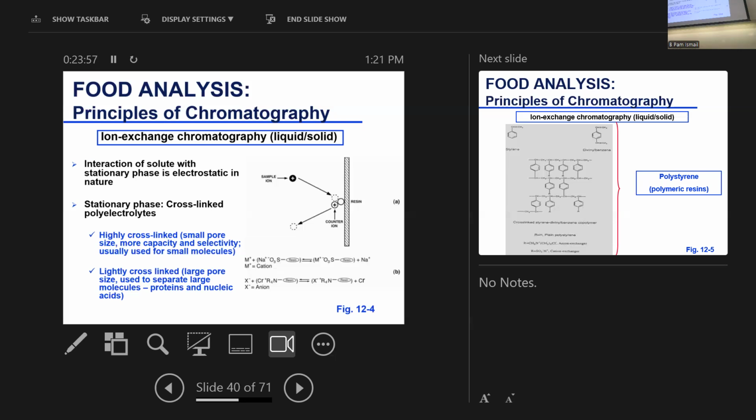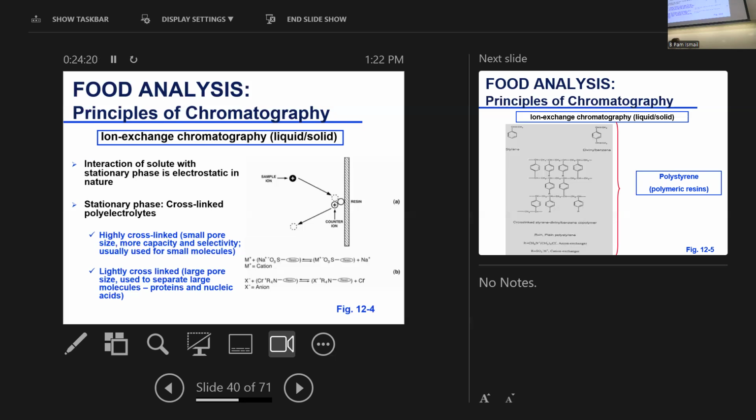What is cation exchange? Yes, go ahead, Razi. Cation's a positively charged ion, so if it's exchanging, it's transferring to someone else, or transferring between the mobile phase and the stationary phase. In chromatography, we have stationary phase and mobile phase, so we are exchanging positively charged ions.